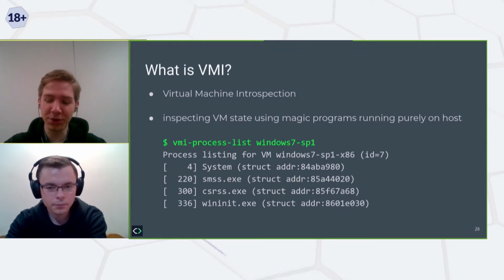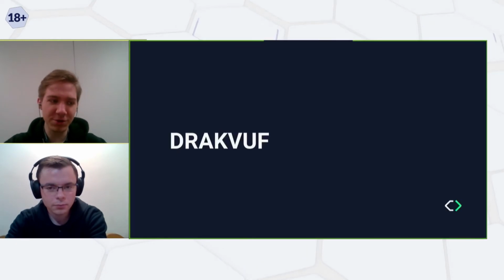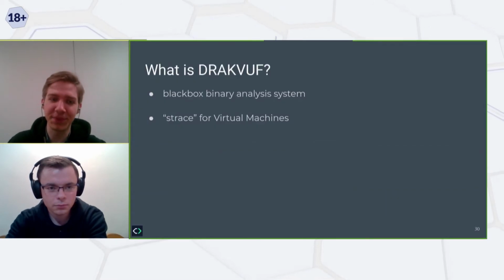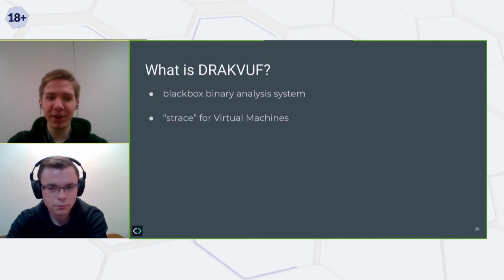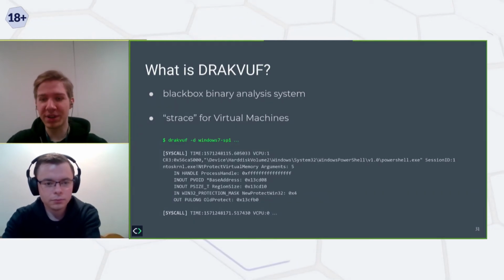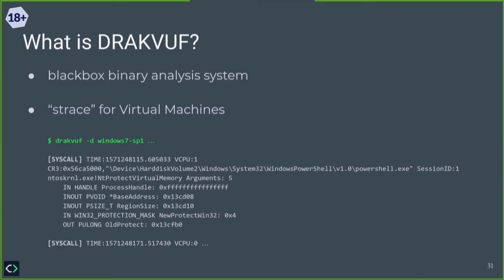To fully use this power, we have used the DRAKVUF framework, which is a black box binary analysis system. Long story short, you can call it strace for virtual machines. This is an example of what you can expect when running DRAKVUF. You can see a syscall being logged with all the information you would need.